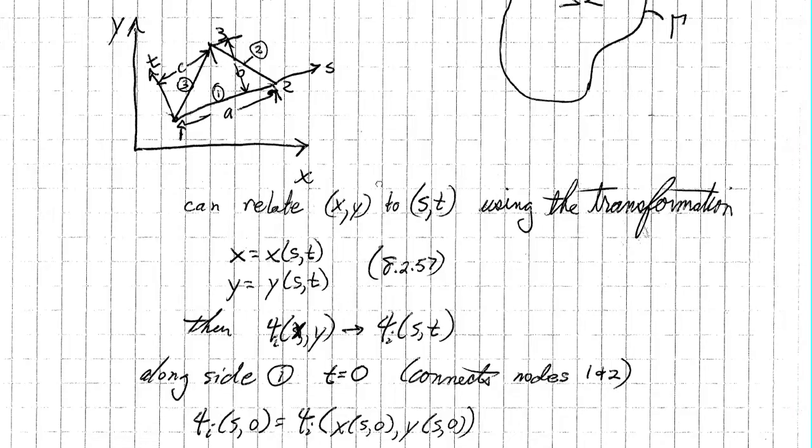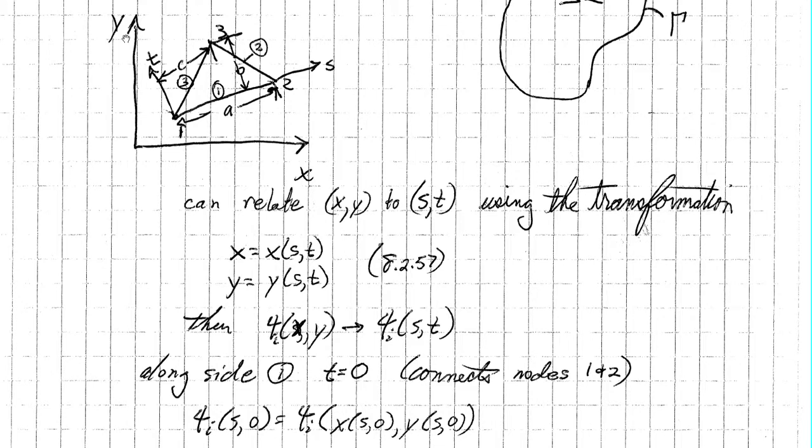It turns out it's much easier to work again in a local coordinate system. So we have our global XY. I'm going to define a local coordinate s that's here. It's parallel to one of the triangle edges, and then orthogonal to that is t. So I have this local st coordinate. Now we have to define some kind of transformation that goes back and forth.